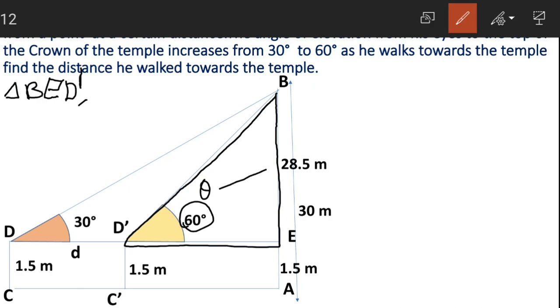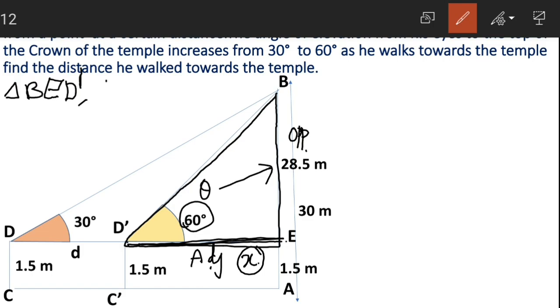Now BE becomes the opposite side and D dash E becomes the adjacent side. But if you observe, we don't know the value of D dash E here, so let the value be x. D dash E is equal to x. Now the trigonometric ratio relating opposite and adjacent is tan.